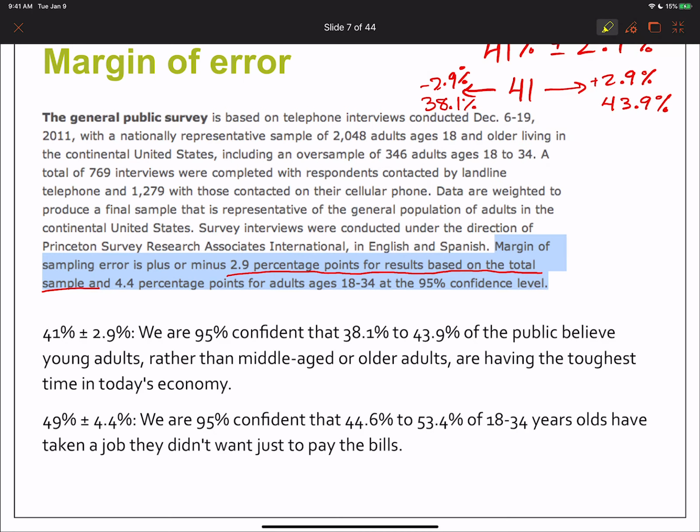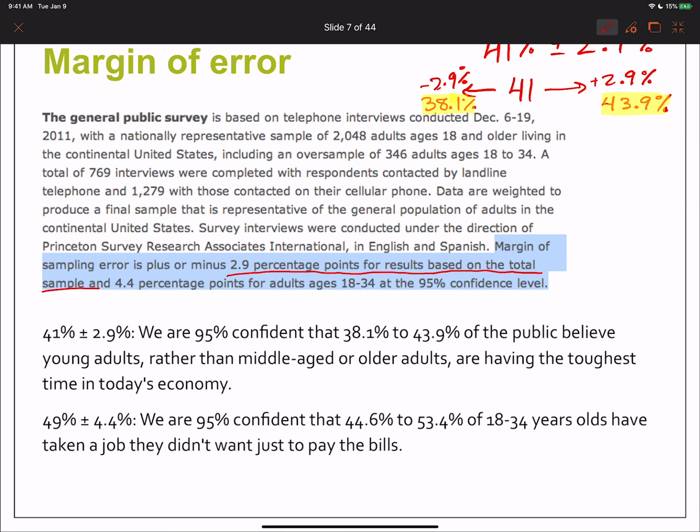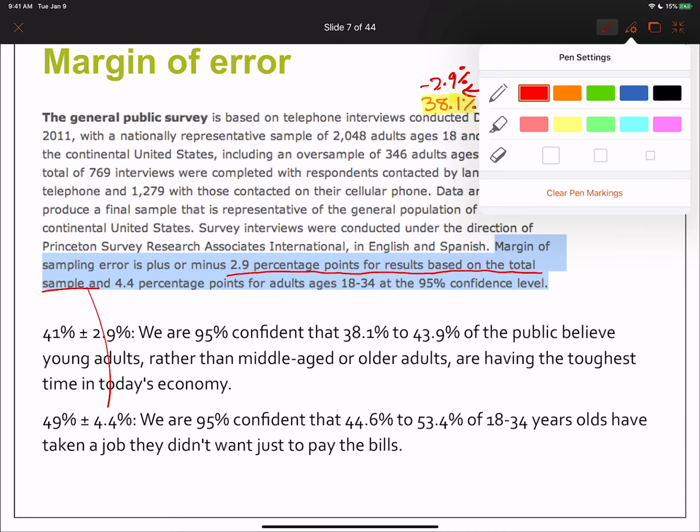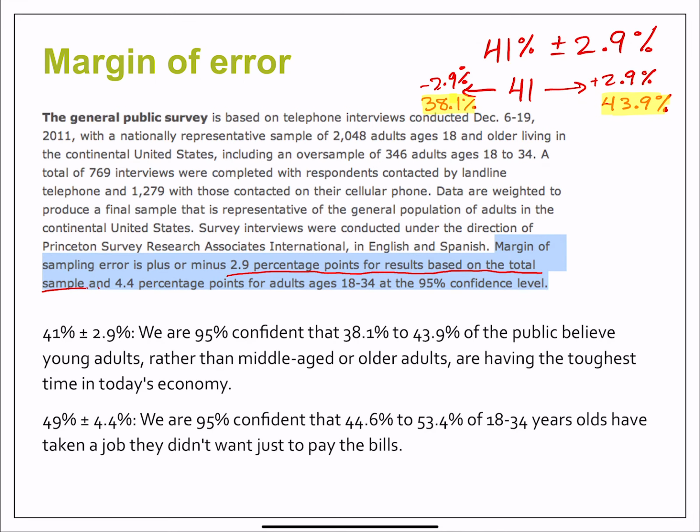So what we're saying is that even though they said 41%, what they really mean is that they really mean between 38.1 and 43.9.